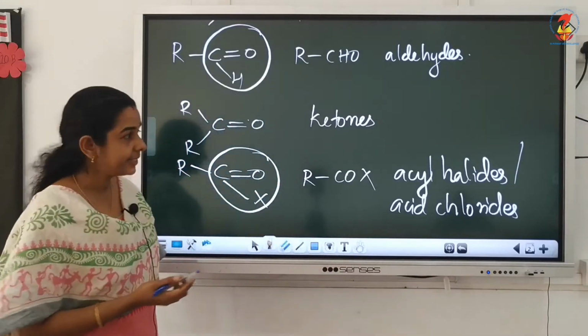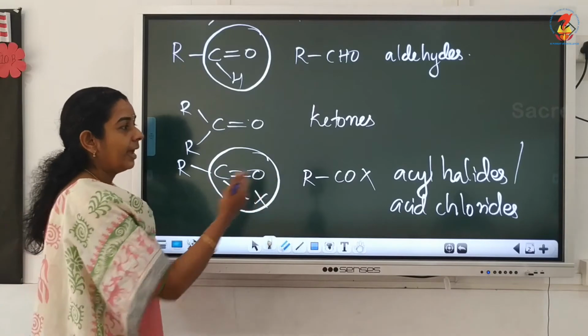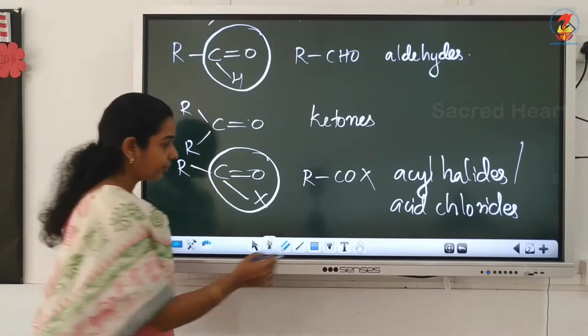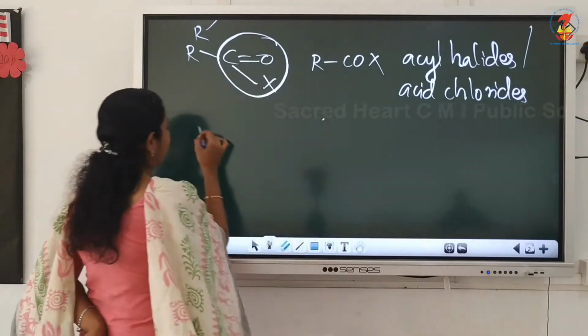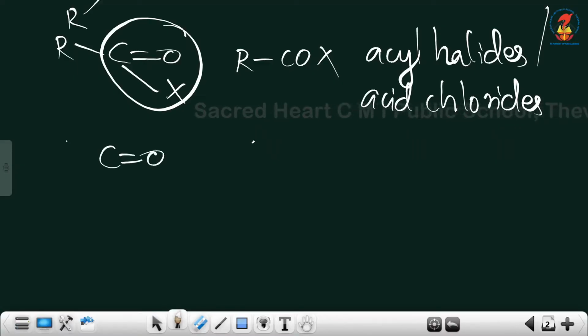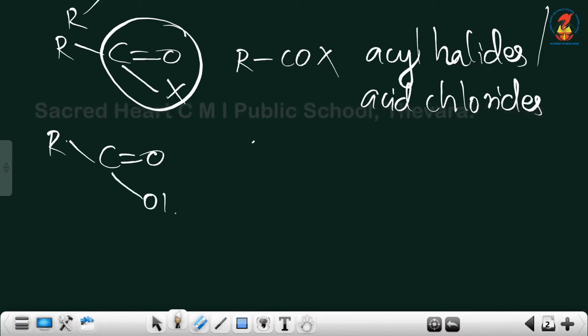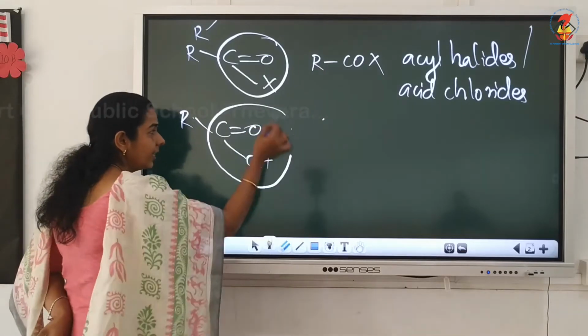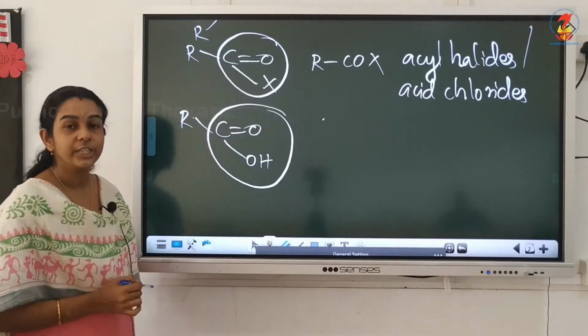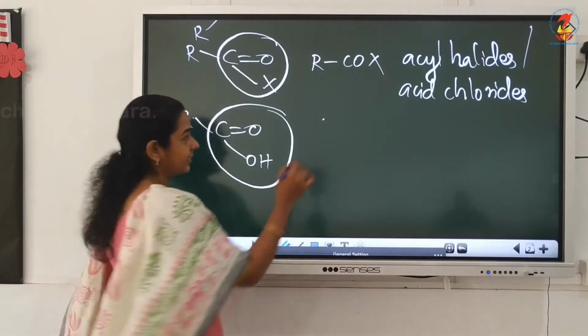So, aldehydes, ketones, acyl halides or acid chlorides. The next example is if the C double bond O group is surrounded by one alkyl group and one OH, then it will be called RCOOH, that is carboxylic acids.